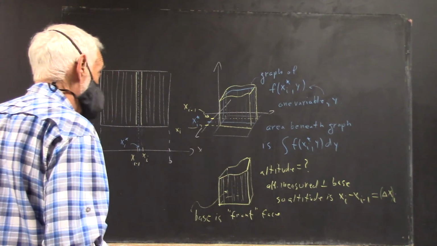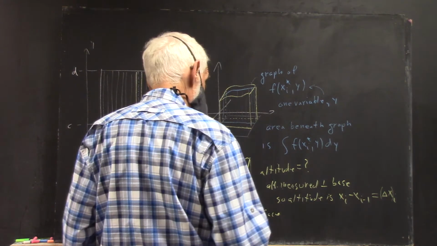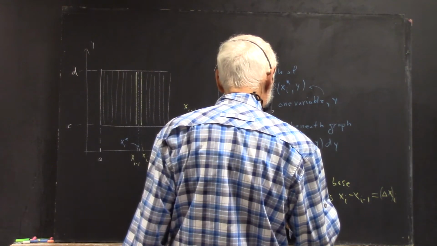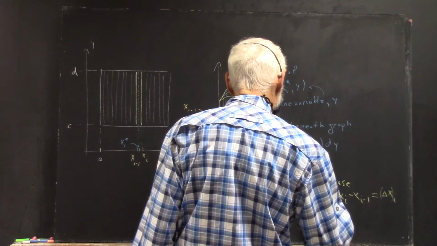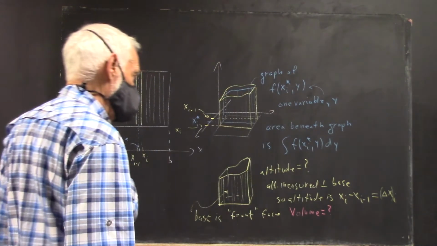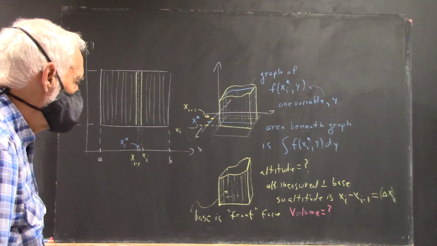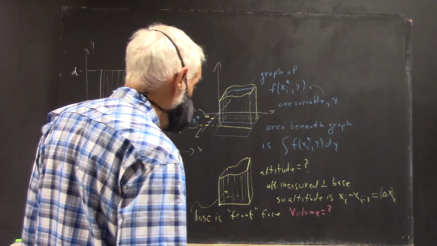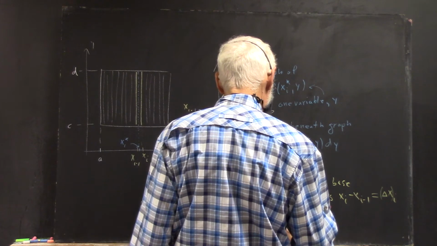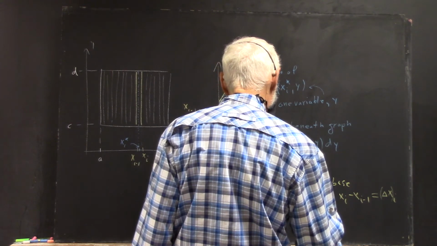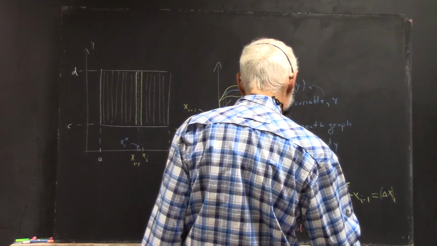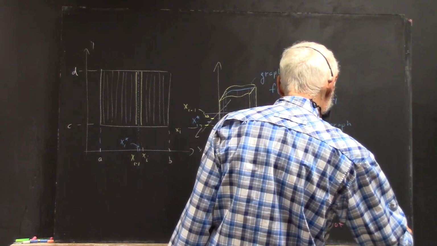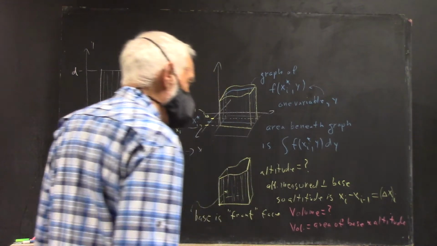Okay, well now what's the volume? Okay, well the volume is the area of the base times the altitude.